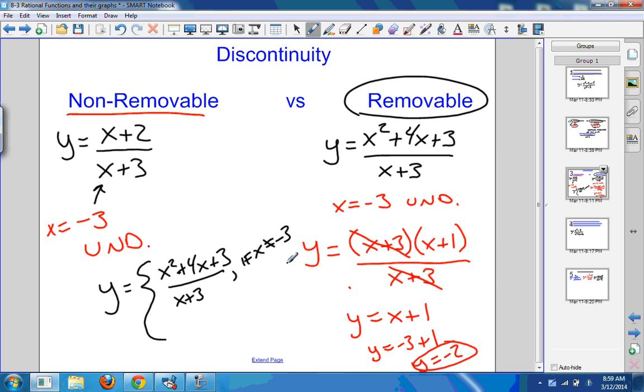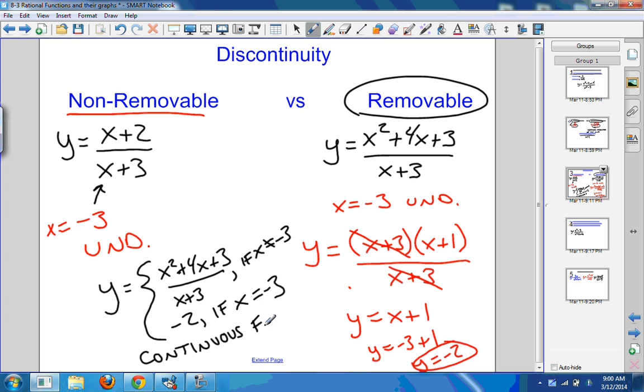And I'm going to say that this equation is equal to this -2 if x is equal to -3. So we're going to bypass this point of discontinuity. So with this given definition, now we have a continuous function.